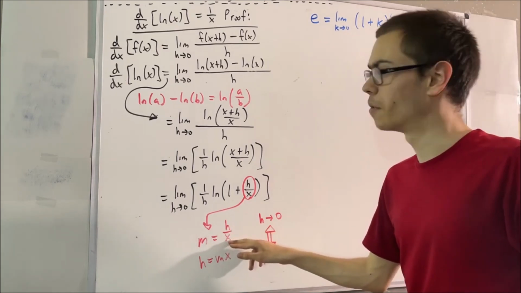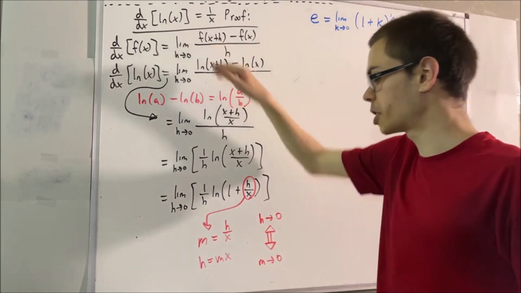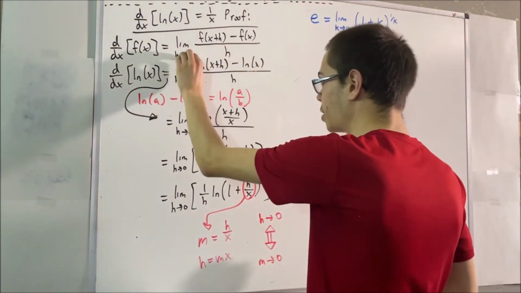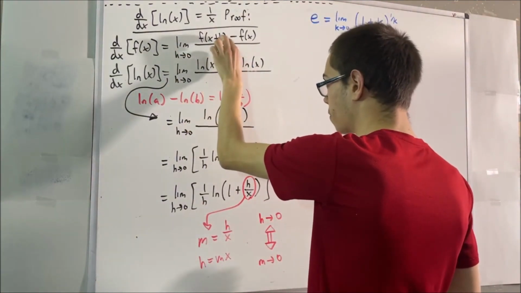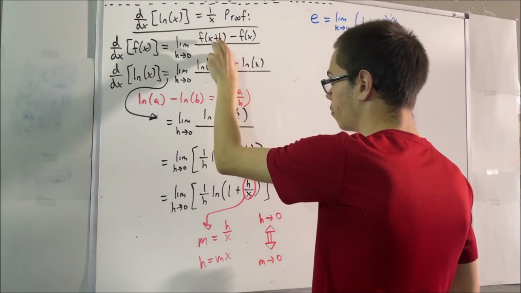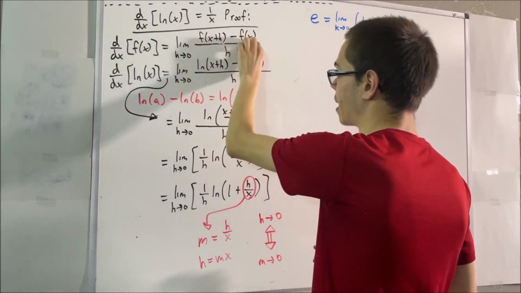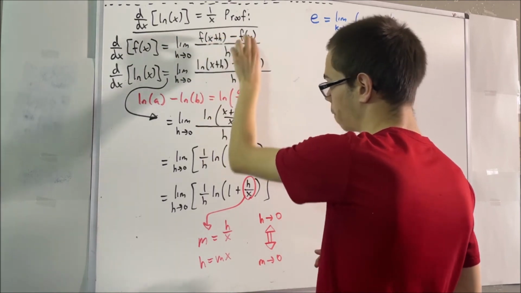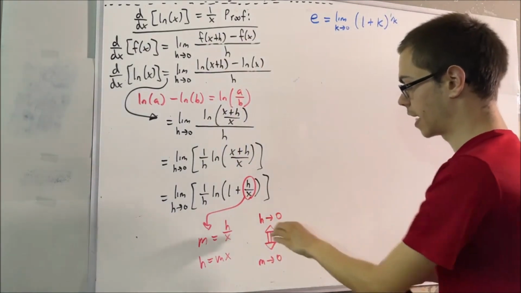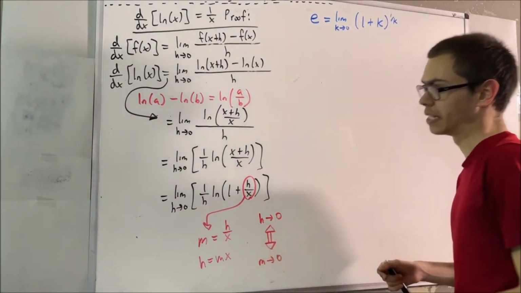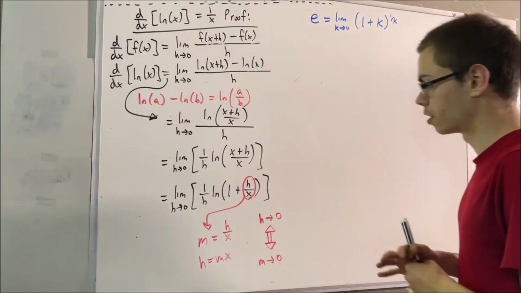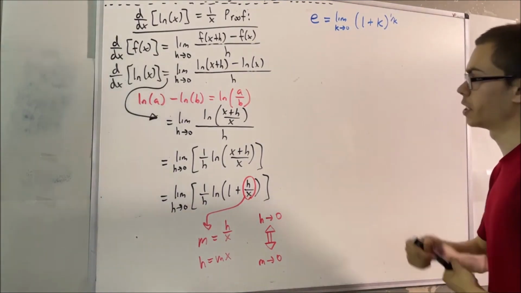Well, if you recall, in the definition of a derivative, as h becomes really close to 0, this limit doesn't care what x is, and therefore that's why we're allowed to say that h and m are independent of x. So remember that. We're going to use that.